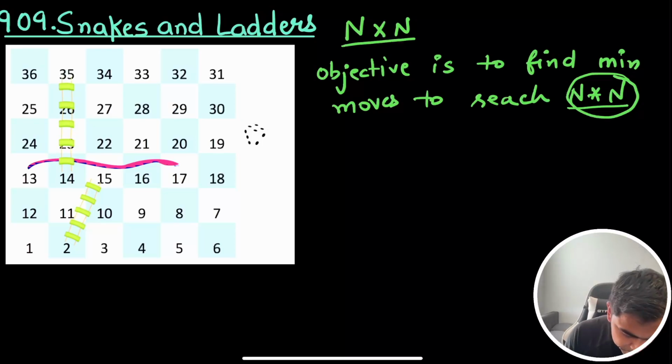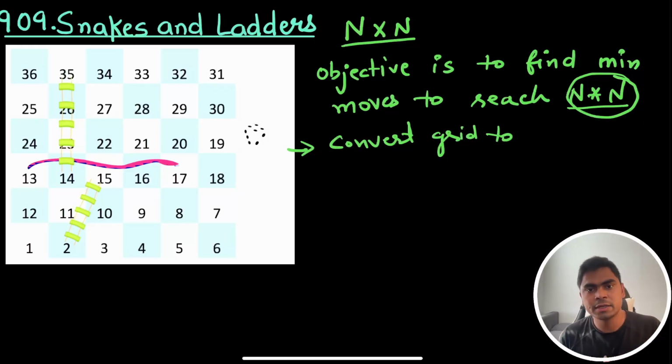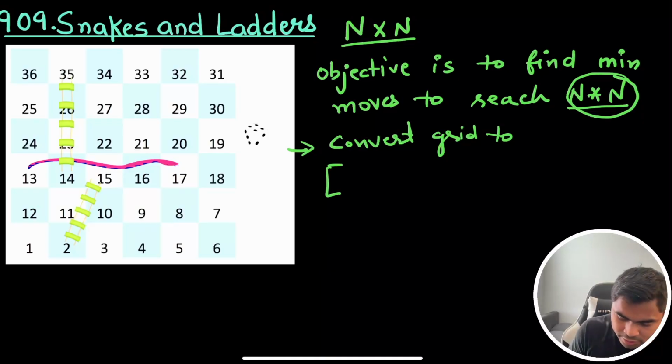Okay. So we have our starting position 1. Before that, we are going to convert this grid to a flattened board. How are we going to do it? We'll basically take these entire rows and append them to our board, which will have the size n cross n.